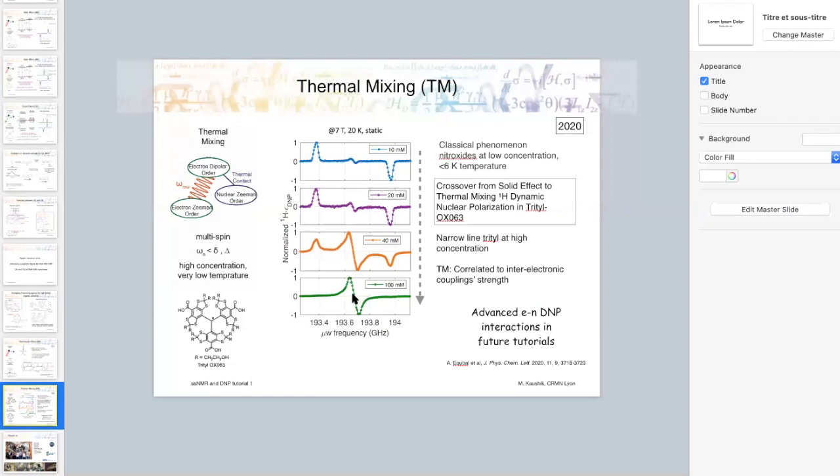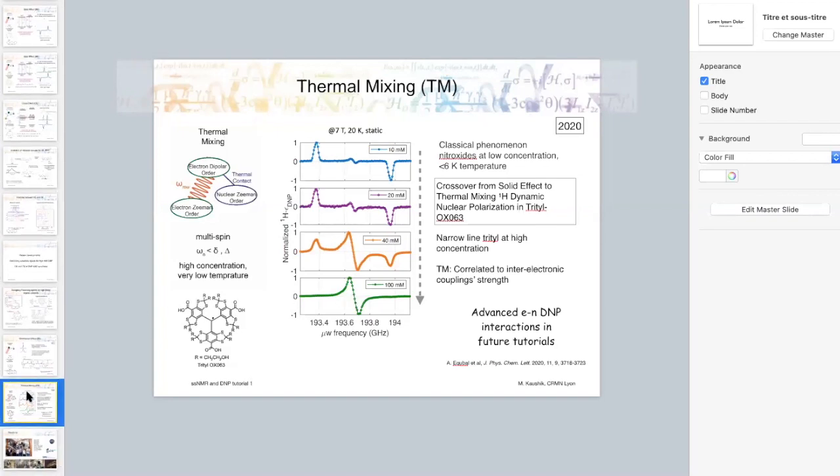Some electrons have a higher than zero and some have a lower than zero temperature. And then if that's also the temperature of the nuclei, then that means that some are above zero and some are below zero, meaning some will be positive and negative. Okay, thank you. I'm not very familiar with thermal mixing. I just put it in because I wanted to show the recent development in case of DNP mechanisms.